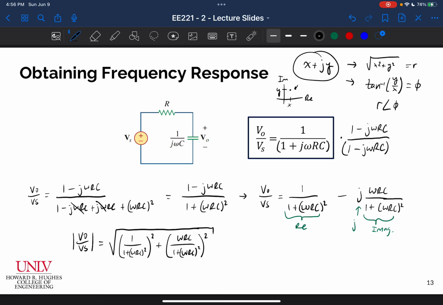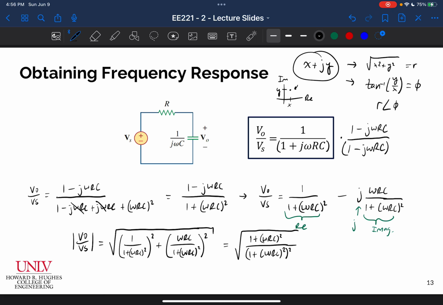Okay? If I do the math here, you'll see that the common denominator is 1 plus (omega RC) squared, squared. And so what I end up with is the square root of 1 plus (omega RC) squared over 1 plus (omega RC) squared, squared.